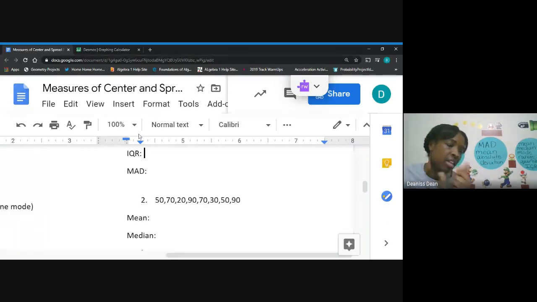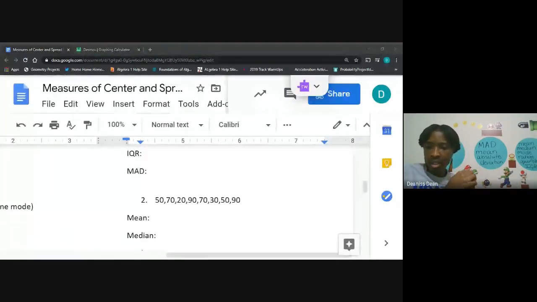Q3 was 7, Q1 was 2. It is going to be 5 because 7 minus 2 is 5. Q3 minus Q1.